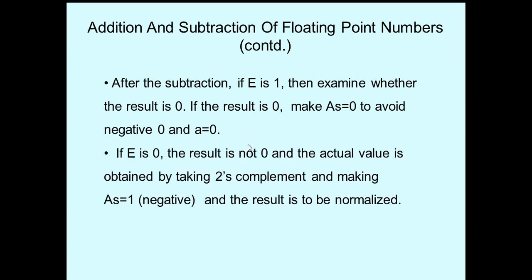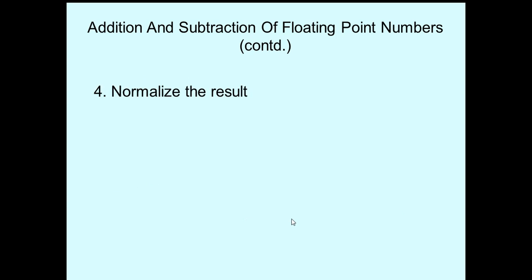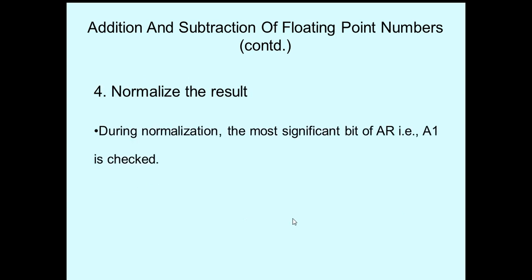If E is 0, the result is not 0 and the actual value is obtained by taking 2's complement and making AS equal to 1, and the result is to be normalized. And then the final step is to normalize the result.